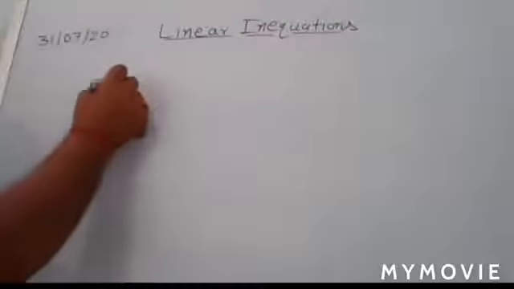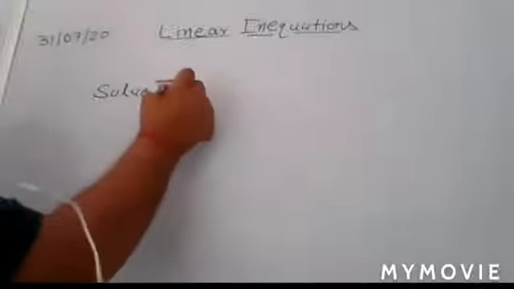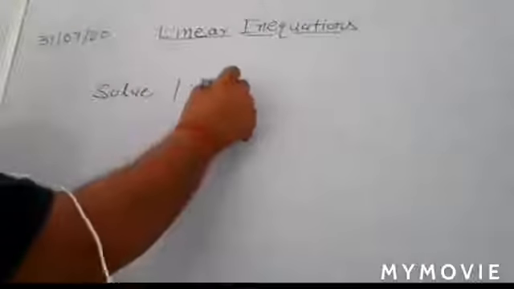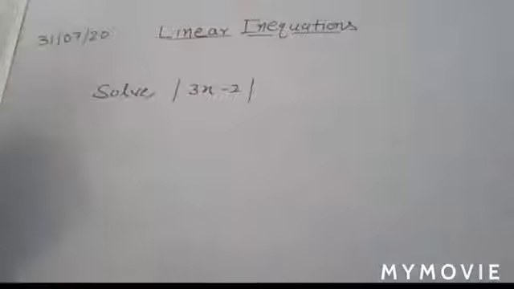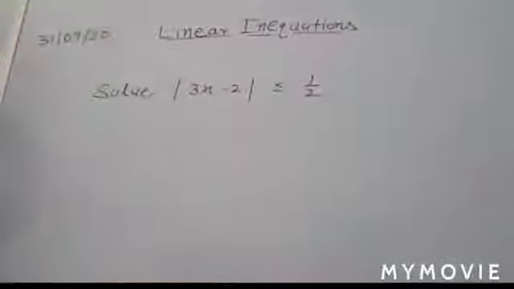Solve, write your question. Solve mod of 3x minus 2 less than or equal to 1 upon 2. You have to solve this inequality. Here you apply the concept also.